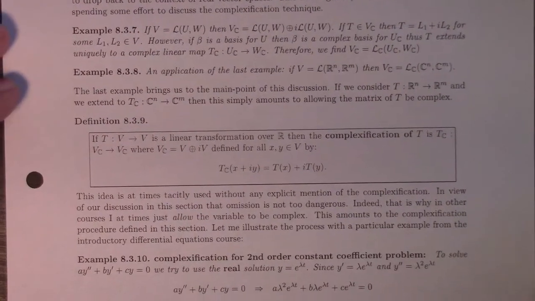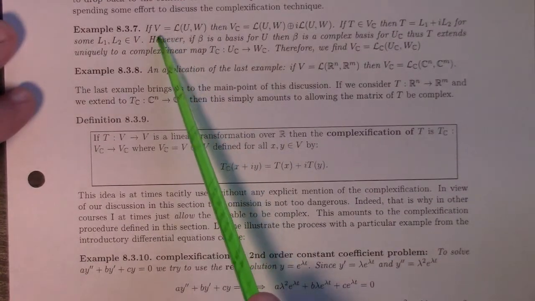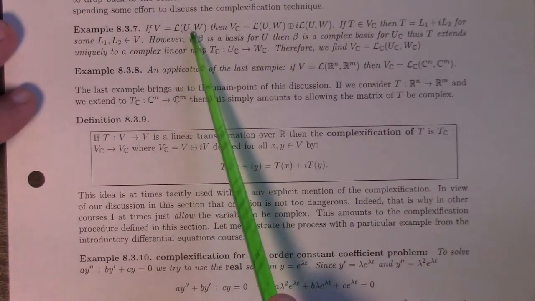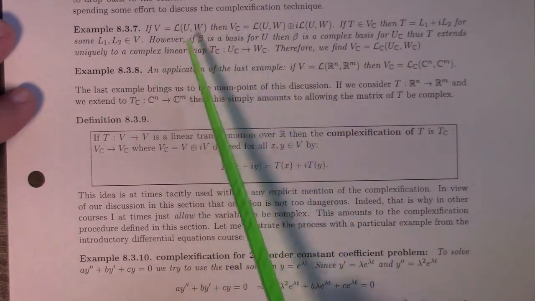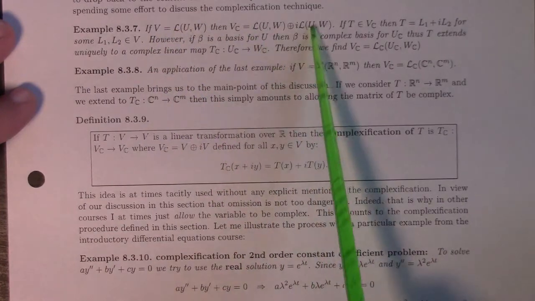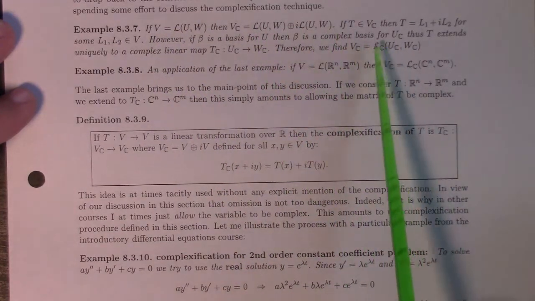If we have linear transformations from a vector space U to a vector space W, then we can talk about the complexification of that space of maps, just like we have already.